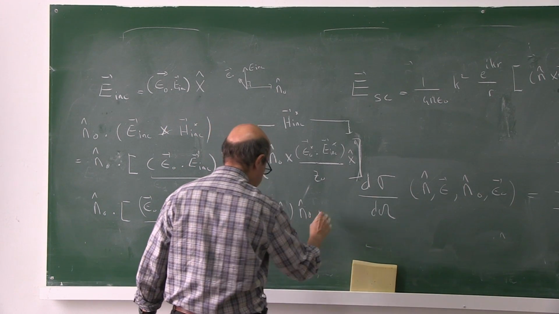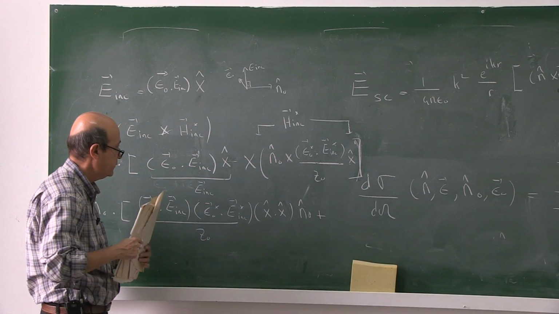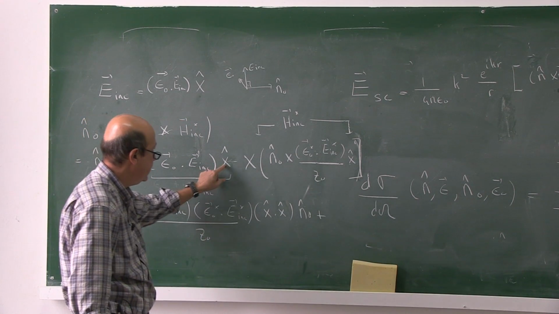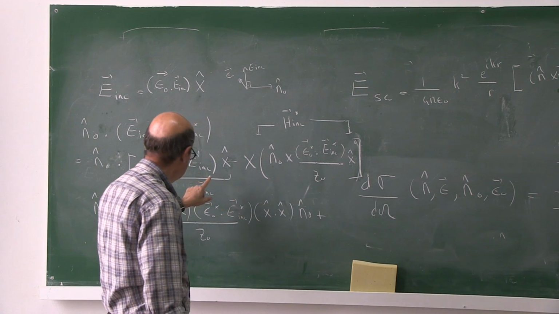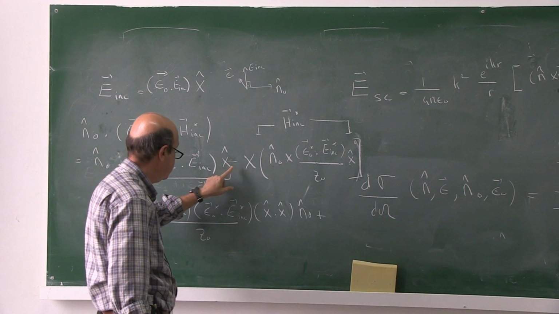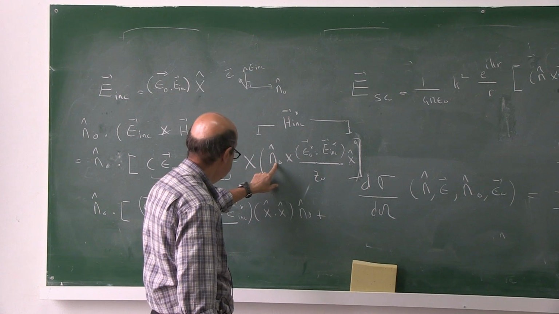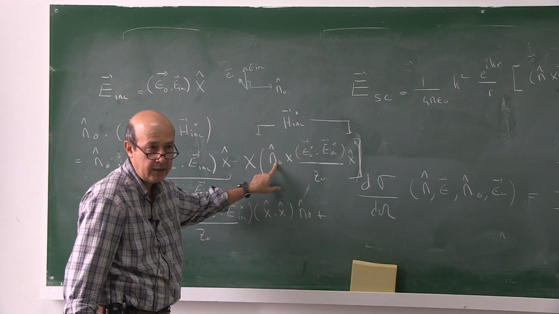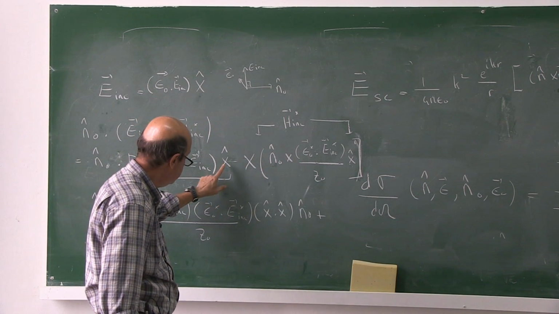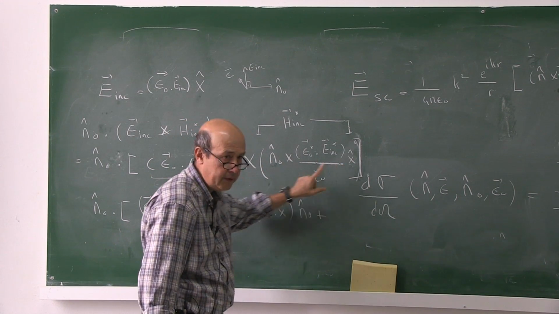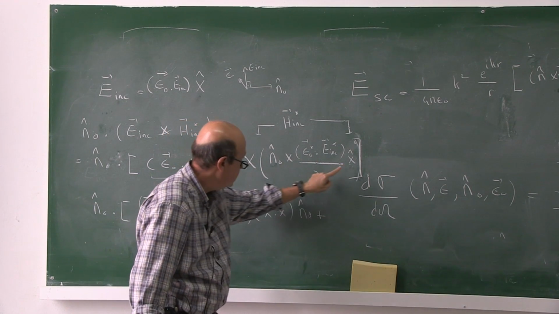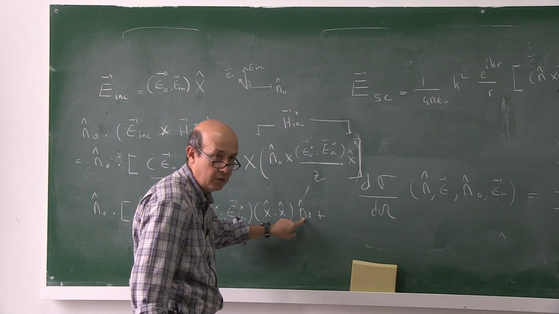What will be the second term? This is A dot C along B. The second term will be what? A dot B. If you say that this is A, B, and C, the first term is A dot C along n0.